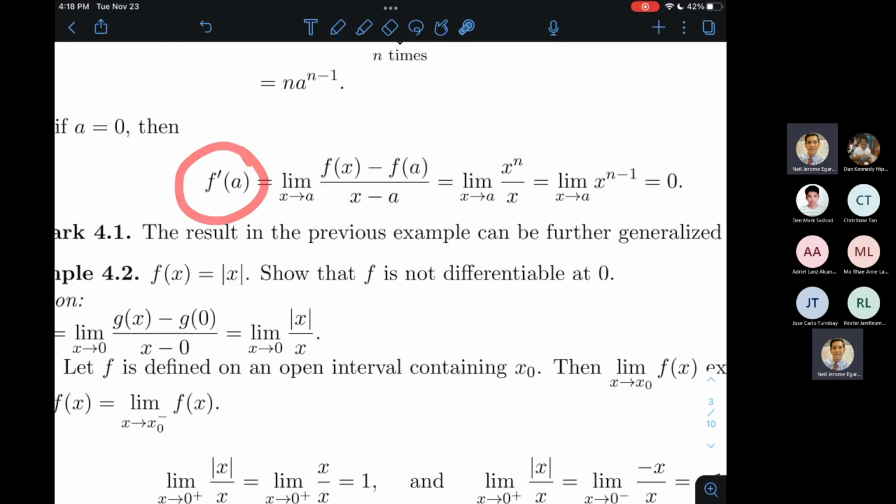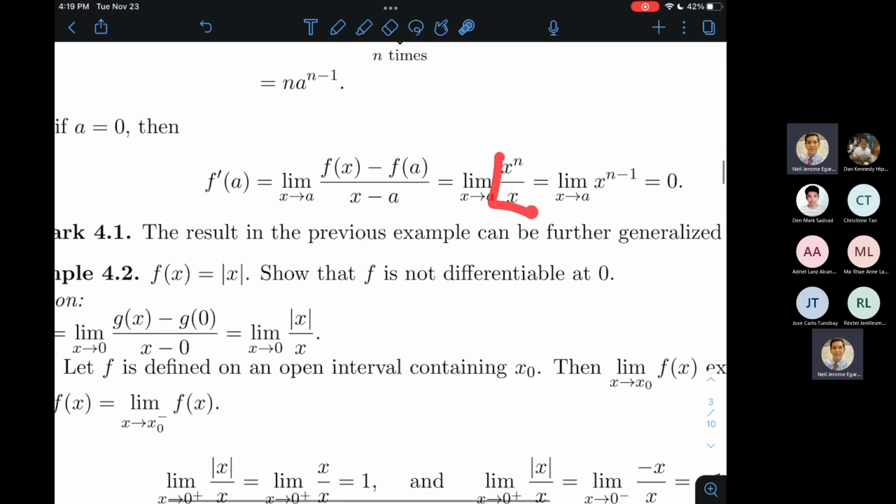Again, pupunta naman ako sa definition ng f prime of a, which is basically the limit definition. Plug in x to the n, that's x to the power n, but f of a is equal to 0 because a is equal to 0 in this case. And then this guy will be x minus 0, so giving us a monomial x in the denominator.